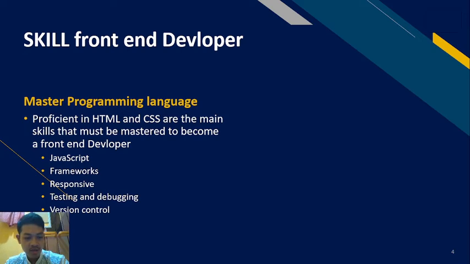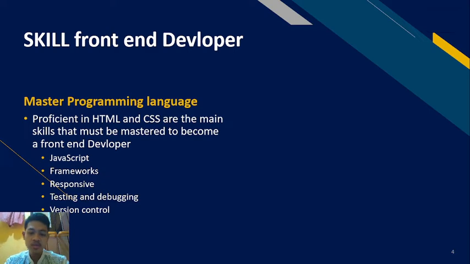Number three, framework. Using a programming language is not easy. Sometimes you need various tools that can support your work, one of which is a framework. Responsive design. As you know now, more and more various devices such as smartphones and tablets are used to access the internet.